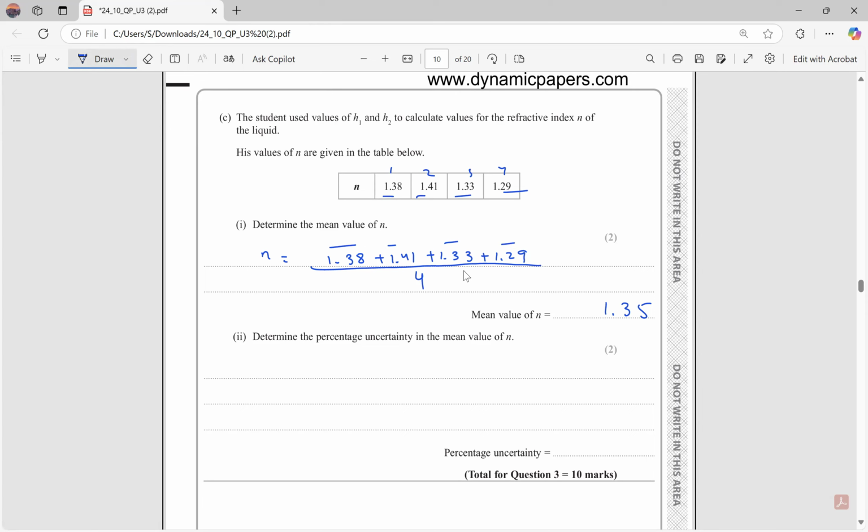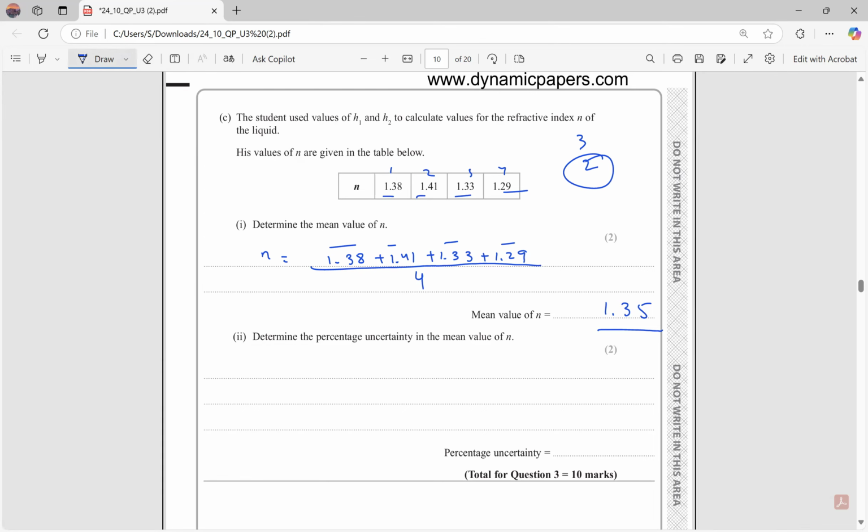If one of them was 2 significant figures, then I would write this answer to 2, because your answer should have the least number of significant figures as in your data. If in your data there's one value with three significant figures, one with two, then your final answer should be written to two, not three.